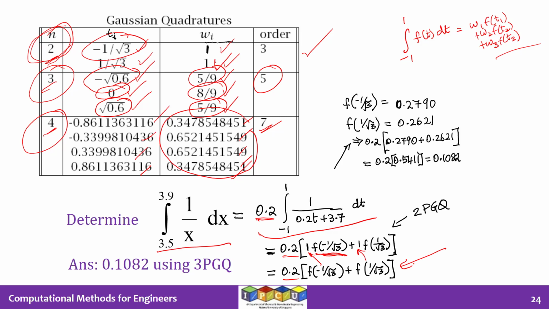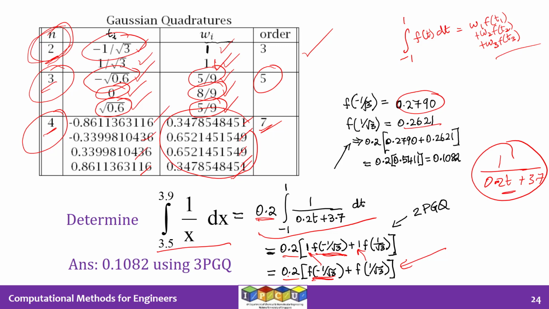So what I did was I took this function. The function is 1 by 0.2t plus 3.7. I evaluated it at minus 1 by root 3 to get f of minus 1 by root 3, the quadrature point. I get a value of 0.279. And I evaluate the same function at t equal to 1 by square root of 3. I get 0.2621.